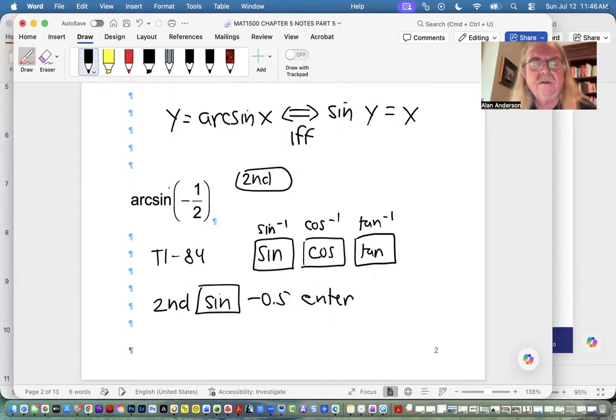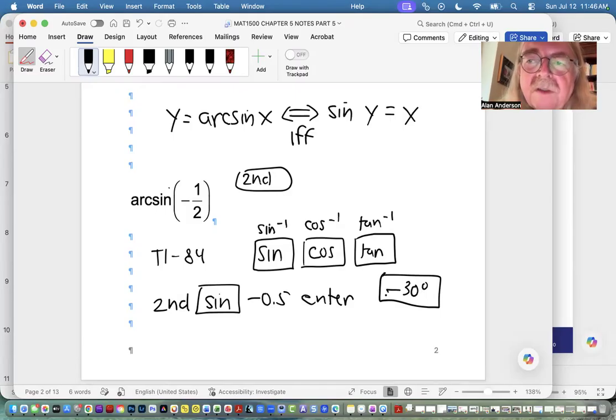And then what would be the result? Negative 30, which is degrees. If you've got it in radians mode, you're going to get the equivalent number of radians, whatever that is. I think it'll be easier here to stick with degrees.